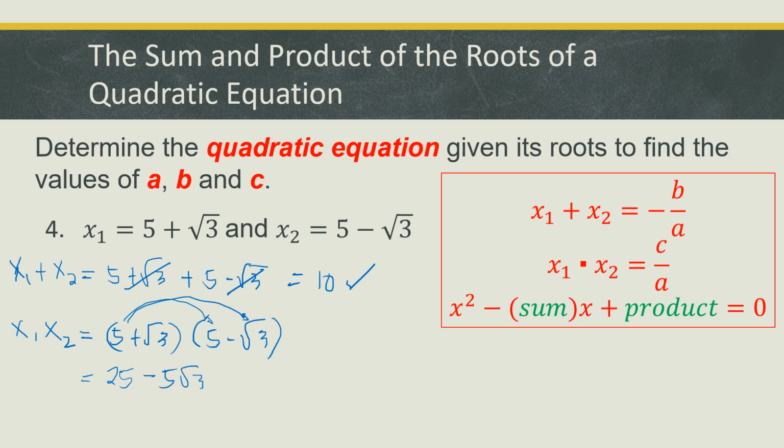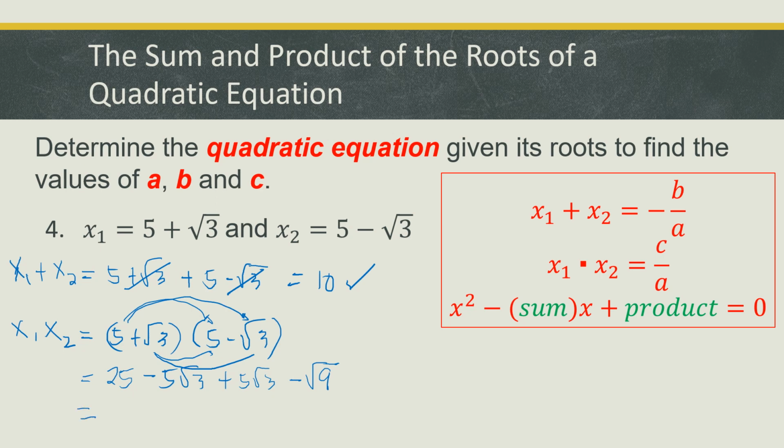We cannot combine because they are different. Positive square root of 3 times 5 is positive 5 square root of 3. And positive square root of 3 times negative square root of 3 is negative square root of 9. So this one we can combine because they are the same irrational number.